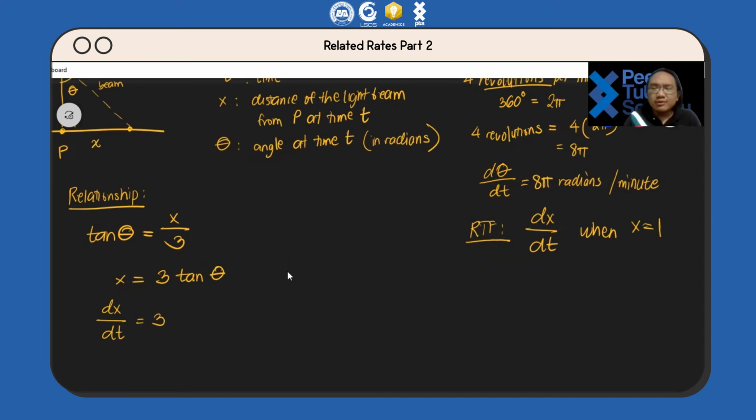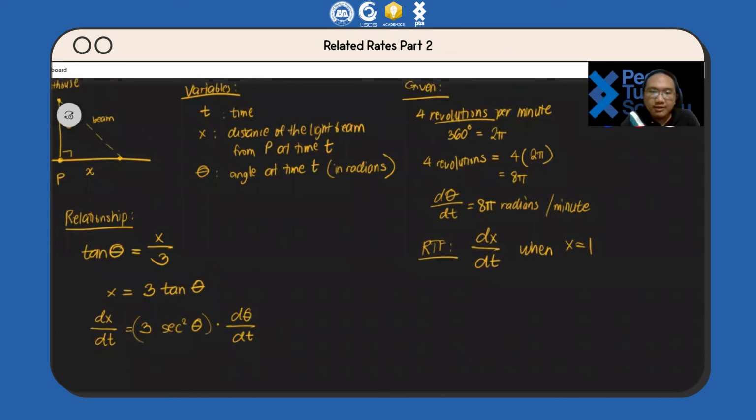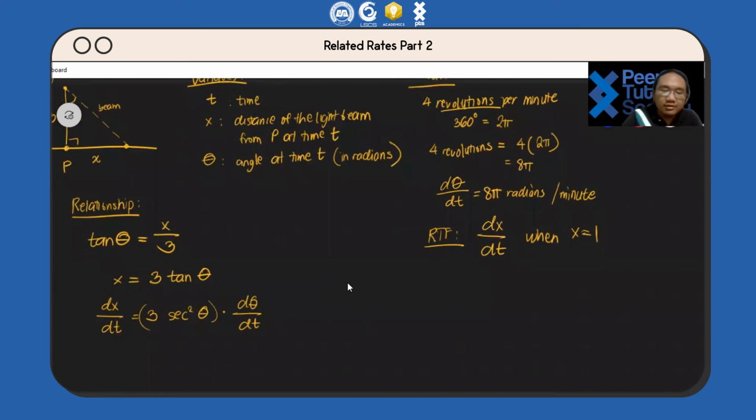Okay. The derivative of tangent is secant squared. Again, the derivative of tangent is secant squared. Okay, so far so good. Let's see, can we already plug things into the equation? We're looking for dx/dt.